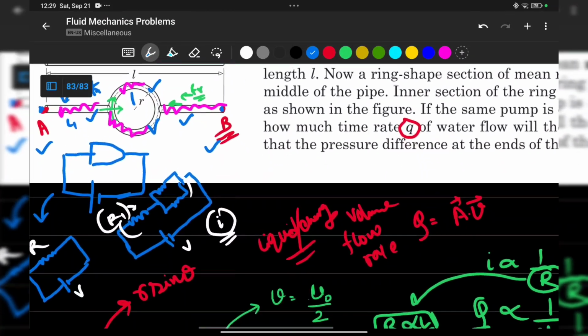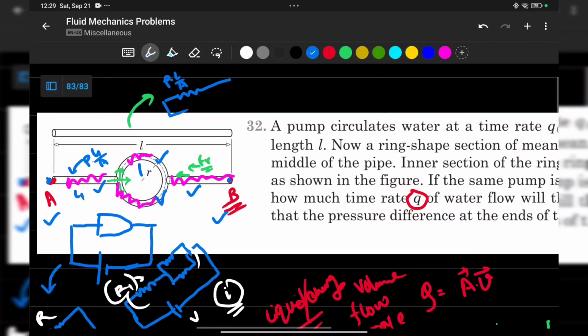Suppose this obstacle gives resistance k into L, then this part will give k into its length. Its length is pi r, so this will give k into pi r.